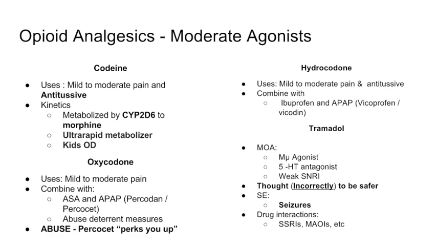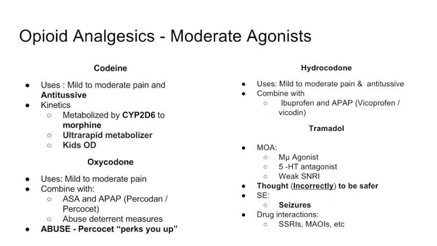So it goes from a mild to moderate pain potency analgesic to a strong analgesic. About 10% of it gets metabolized, and so when you have pain relief from codeine, we think it's from the 10% that gets metabolized into morphine. Now, 2D6 is one of those finicky CYP450 enzymes that in different populations are sometimes ultra rapid metabolizers.